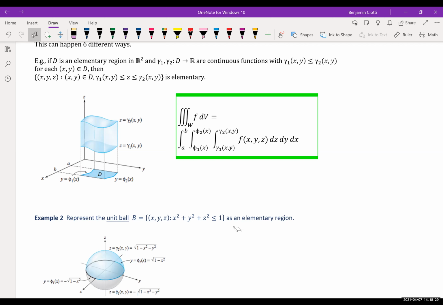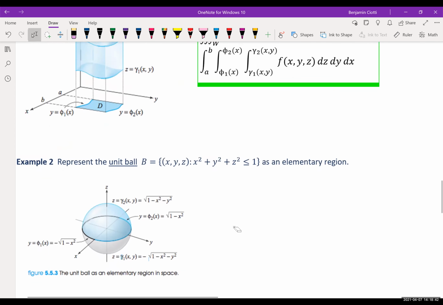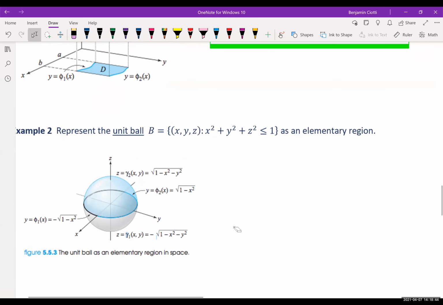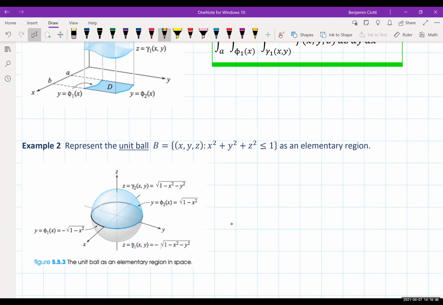Okay. So let's try to apply this to the unit ball. Let me ask a question about the unit ball first. So here's your definition of the unit ball.